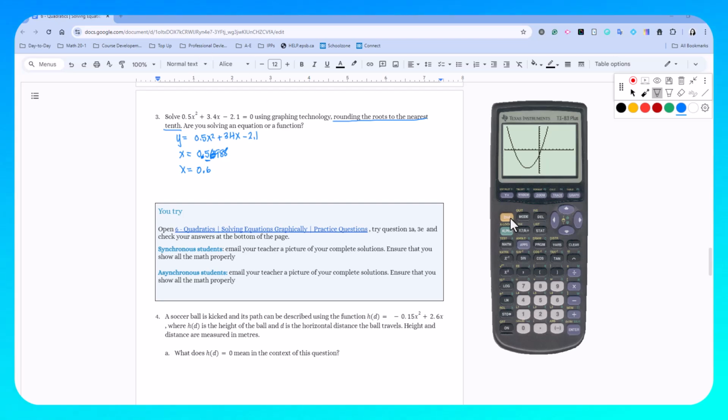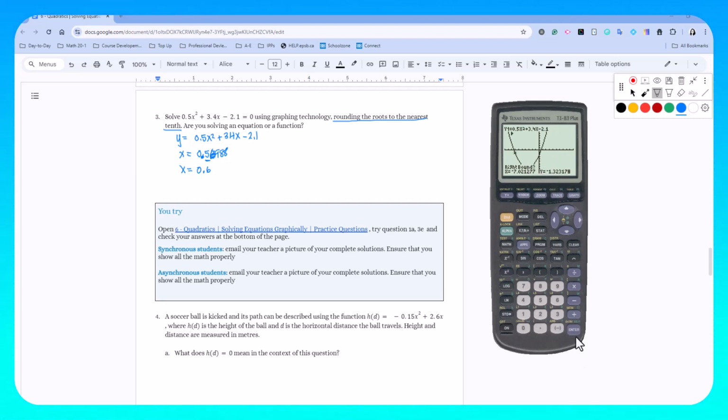Okay, let's do the next one. Second trace, 2 for 0. Now we got to scroll over. We're going to scroll till we're to the left of that next intercept. Now, notice this one is headed downwards. So that means we have to start with a positive y. Okay, so we hit enter, and then we go to the right until we get the negative y.